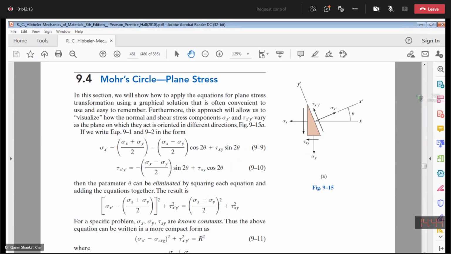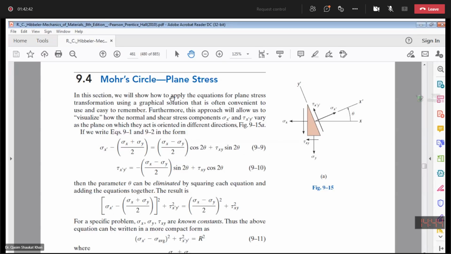I want to give you some basic understanding of the Mohr circle so that tomorrow we can further study it and solve some numericals related to it. One more thing before starting, you are seeing Mohr circle plane stress. We will be studying Mohr circle for both plane stress and plane strain.